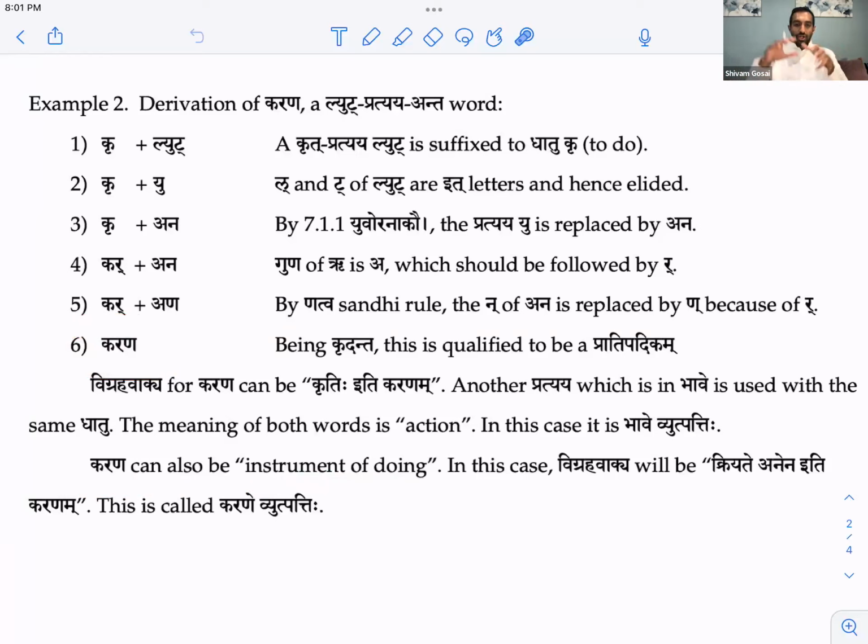It can be action, doing, or if the intention is the karana, the instrument, then it can be instrument of doing. So it's a little bit tricky because I'm saying karane of karana. Hopefully that makes sense. But kriyate anena iti karanam, that by which something is done.